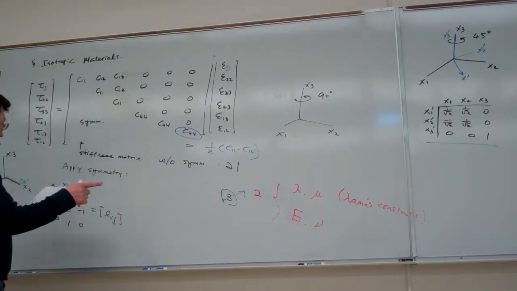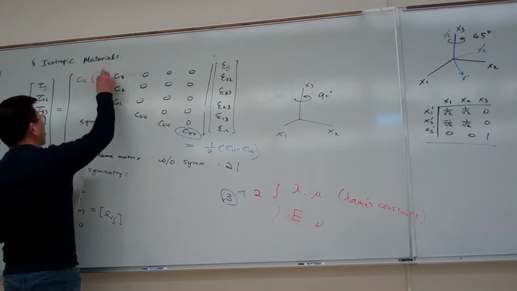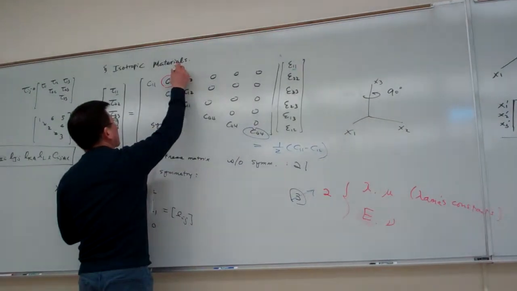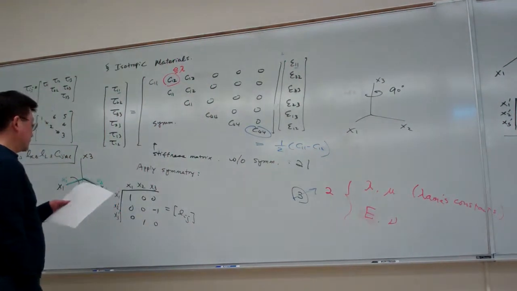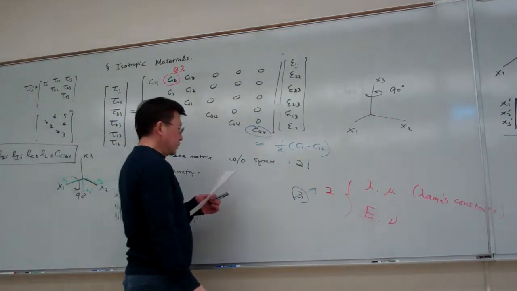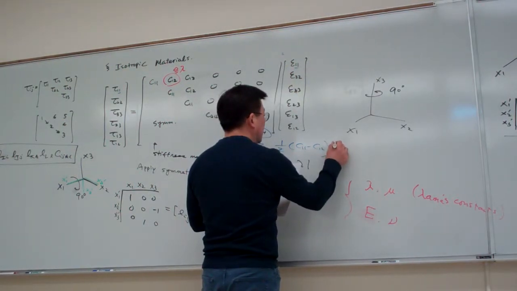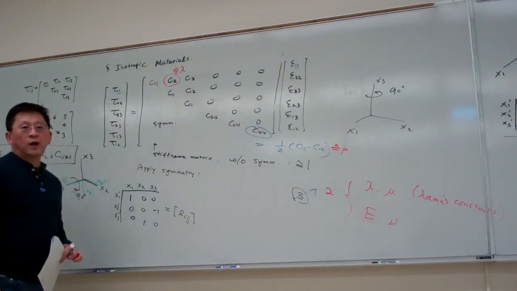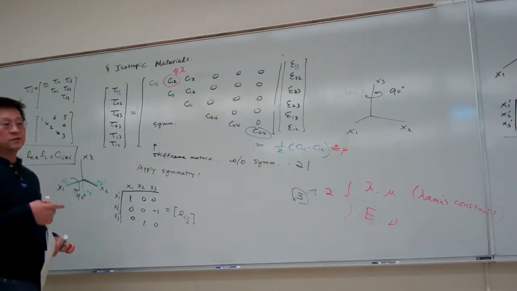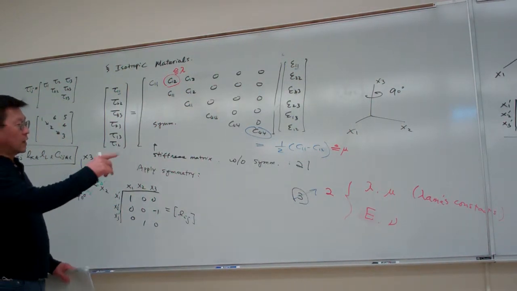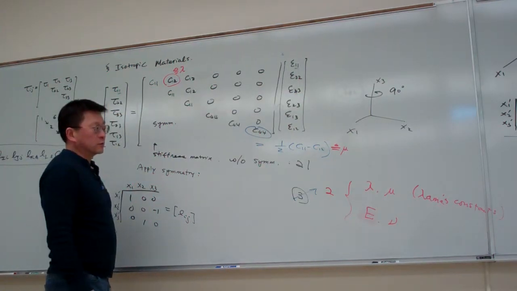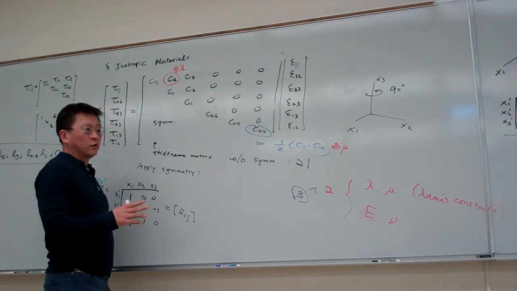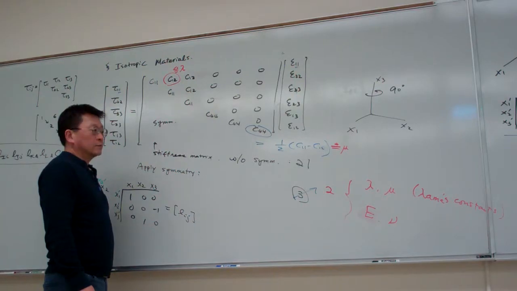Okay, so the lambda constant is basically defined by this. We define this as lambda, and we define this as mu. So those are the two parameters we define here, and that is very common. If you see lambda and mu, that's pretty much universal through almost all the famous textbooks.